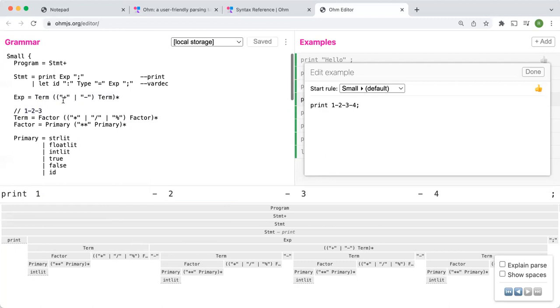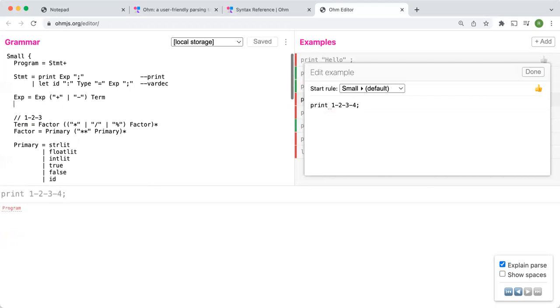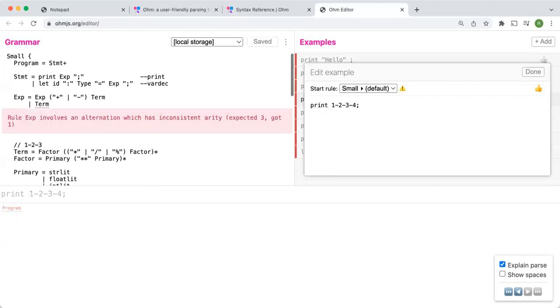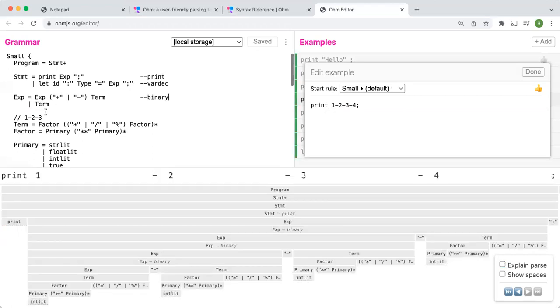The trick here is to say that an expression is indeed a sequence of terms, but the way these terms are going to be sequenced together looks something like this. I'm going to call this an add or a binary expression, let's say. We can say here that expressions are going to be made up of a bunch of terms, but notice that they work something like this.